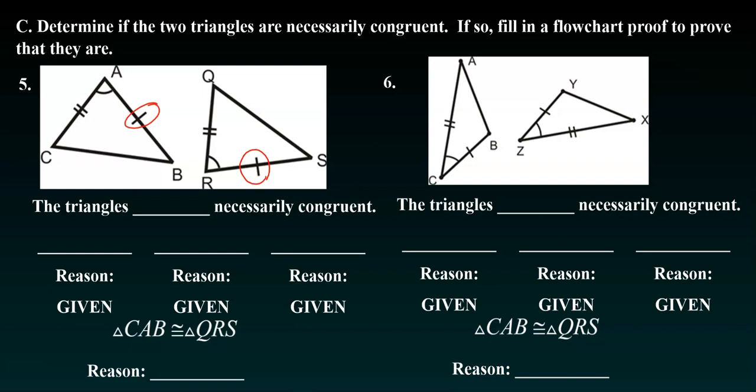We have this side and this side are congruent. And we have that this angle that is made up by the two sides are also congruent. So the triangles are necessarily congruent. We're going to state the three things I circled.